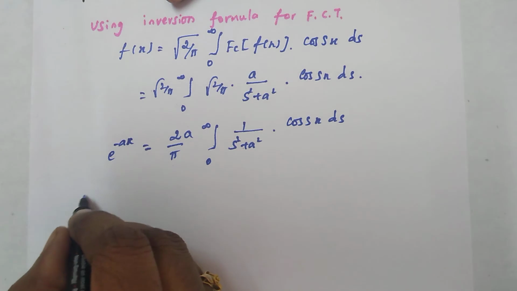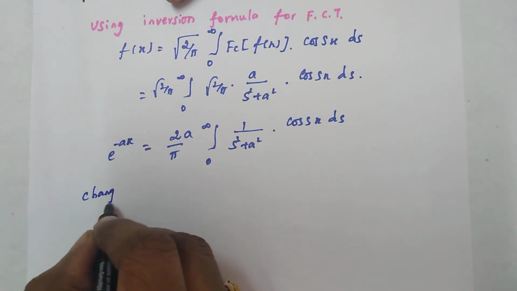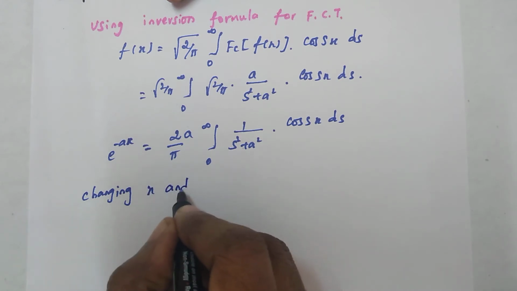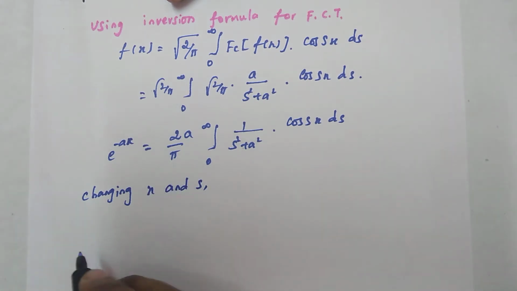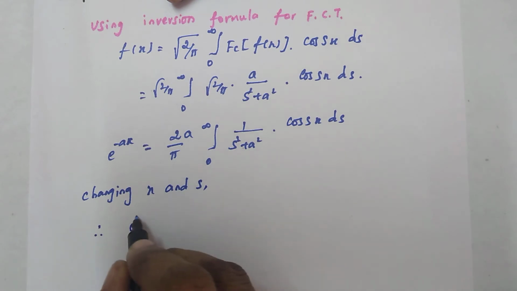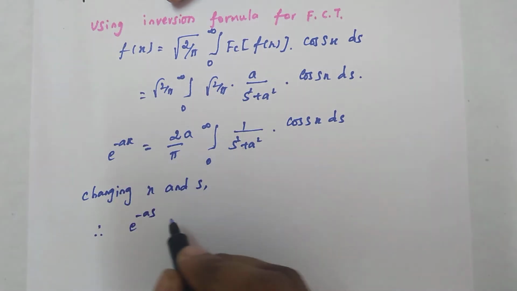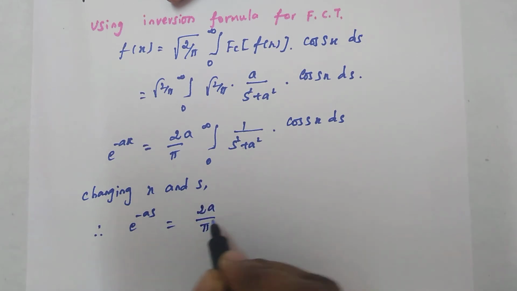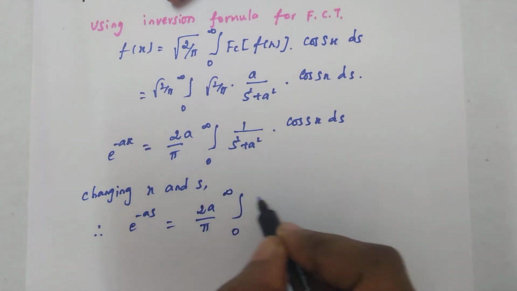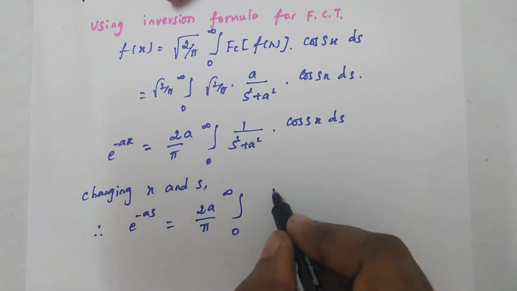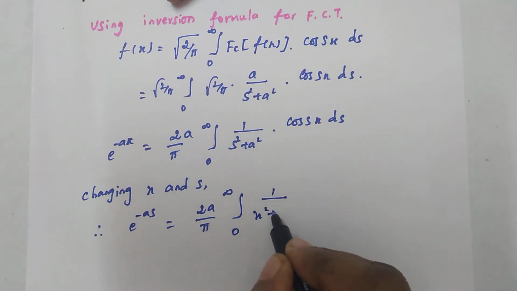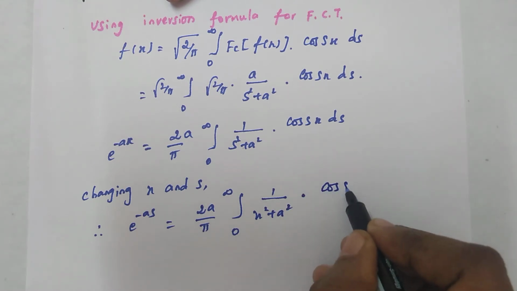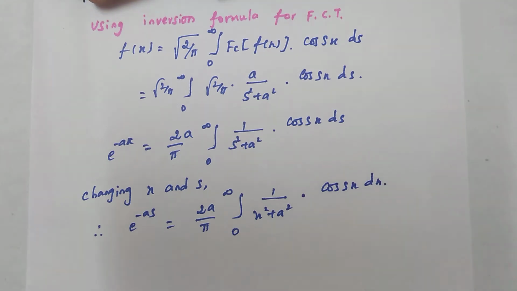Now we are going to change the variables, changing x and s. Therefore e power minus as, wherever x comes we will make as s, 2a by pi integral 0 to infinity 1 by x square plus a square into cos sx dx.